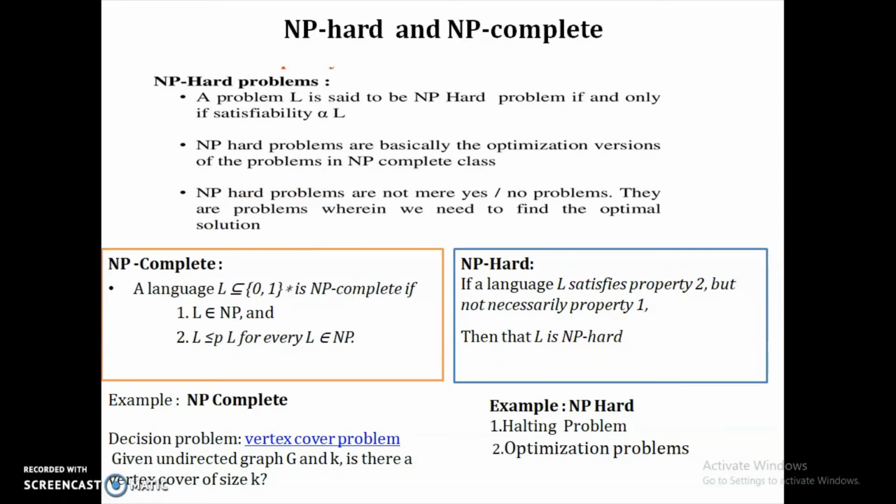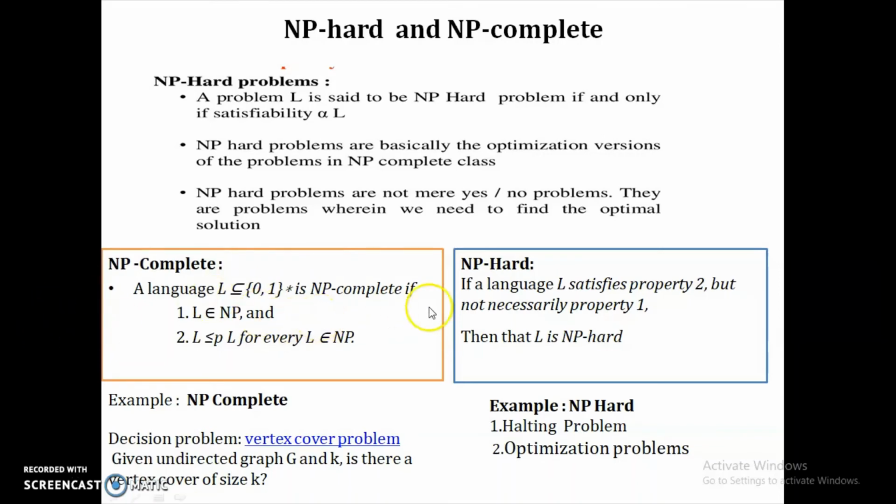NP hard problems are a type of optimization version of problems. All the optimization problems come under this, and it does not just give the answer as yes or no, but you have to find the optimal solution. And out of these NP hard problems, some of the problems can be verified in polynomial time. That category is known as NP complete problems.